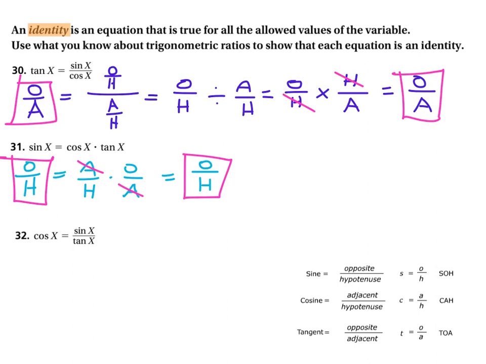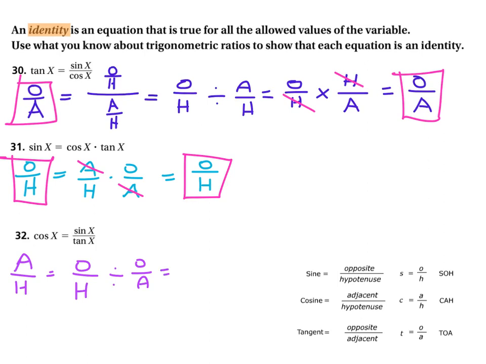And one more time, let's do it. So for this last one, cosine. Cosine is adjacent over hypotenuse. And they say that's equal to the sine of x, sine, opposite over hypotenuse, divided by tangent of x. And instead of writing it as a big fraction, I'm going to just do divided by, like I did before. Tangent of x, tangent is opposite over adjacent.